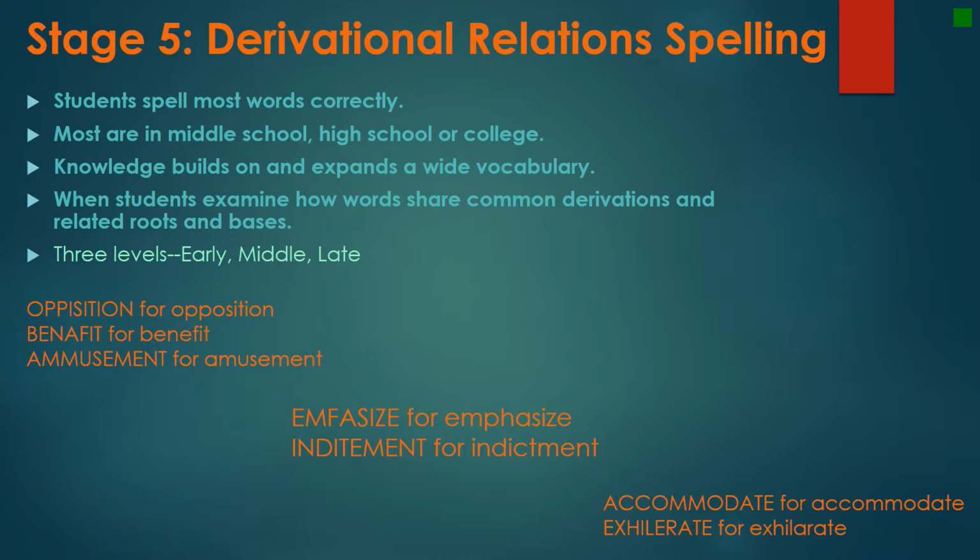When they're at this stage, spelling really becomes more of a vocabulary sort of activity. It's still spelling, they're learning conventional spelling, but they're also thinking about word parts and what those word parts mean.